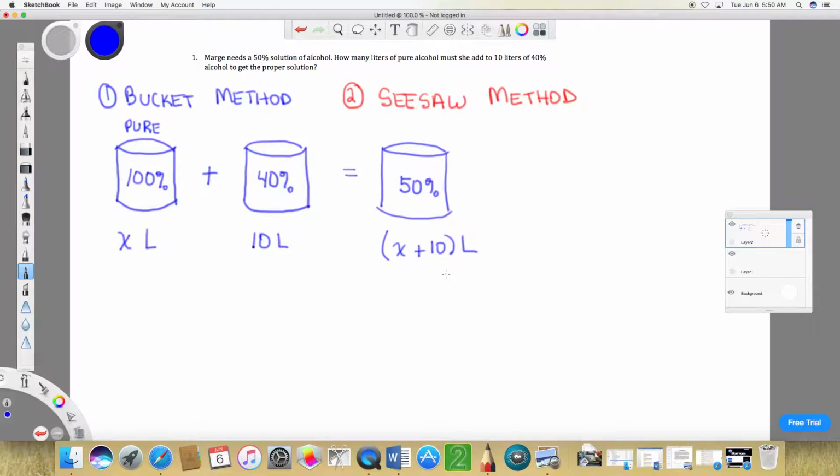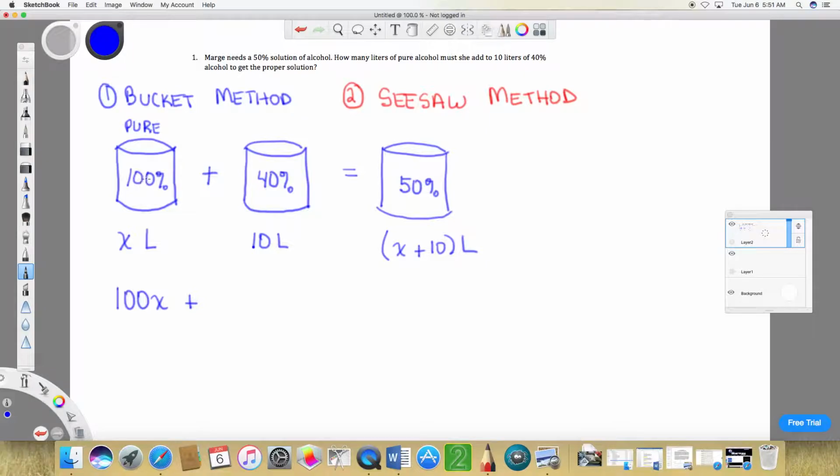So in this bucket method, we're always going to draw the same picture, and we're always going to label it in the same way, or at least I'm going to. And now we need an equation that models this, and we're going to take the volume times the concentration. So here, if we multiply these two together, we have 100x.